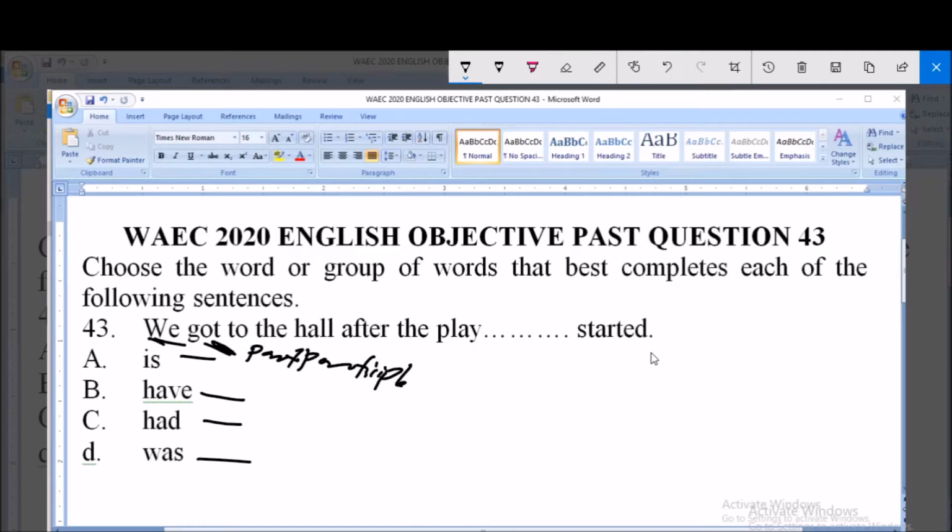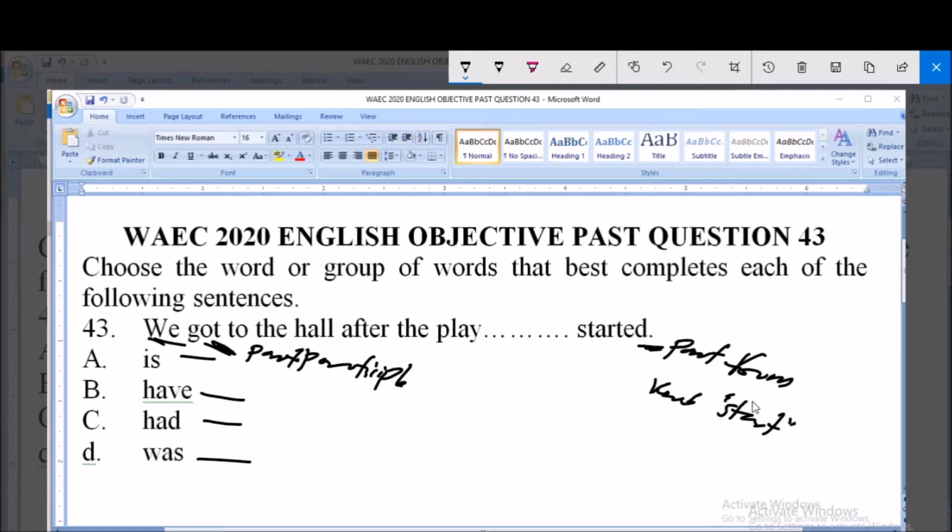Then the verb started here is a sign that the action in the hall has commenced. So it's in past form, the past form of the verb start.